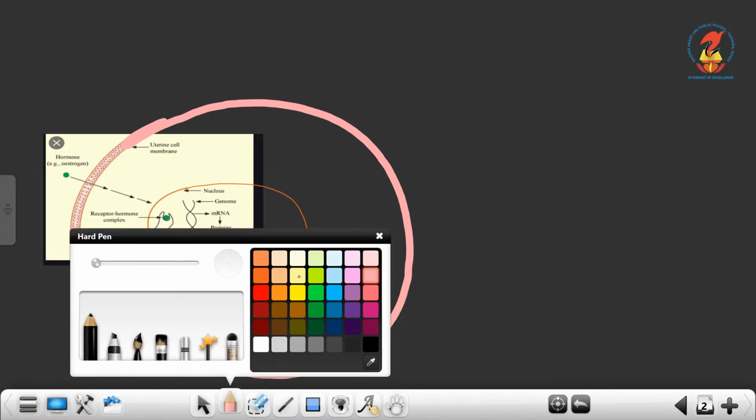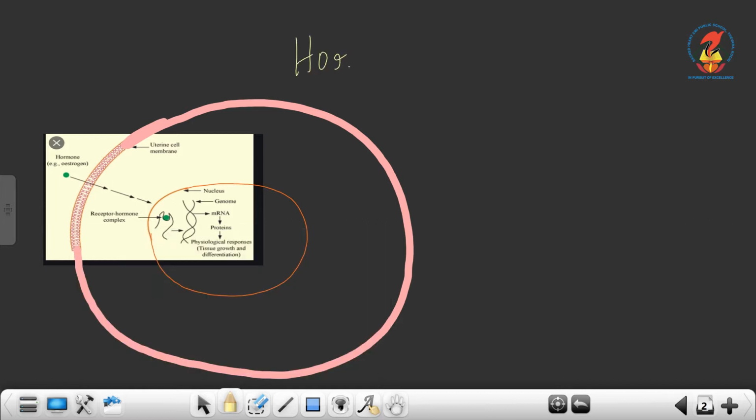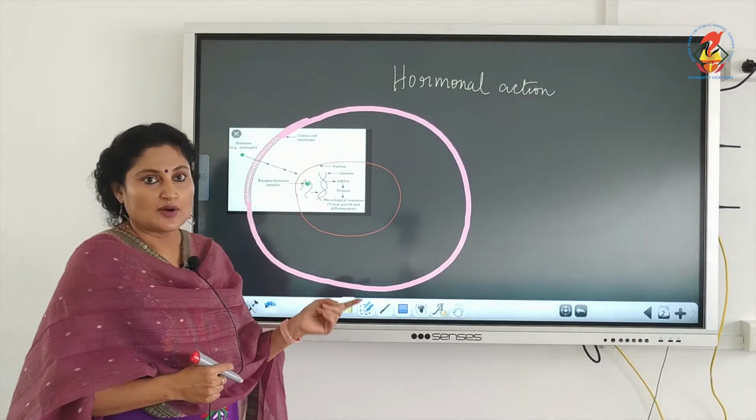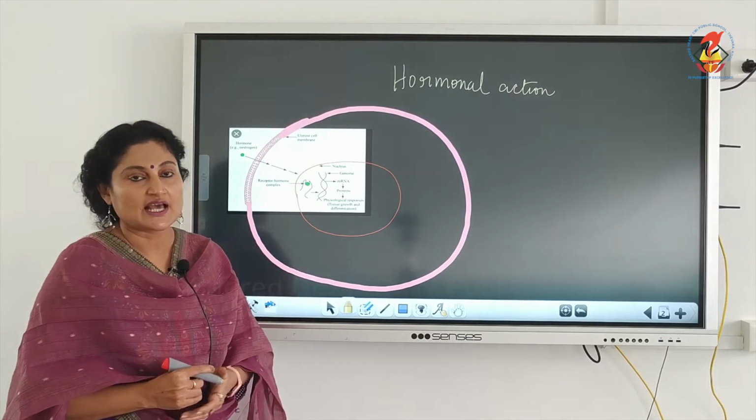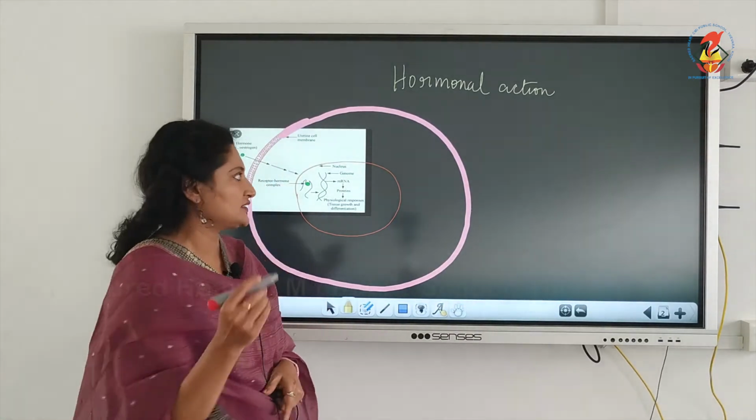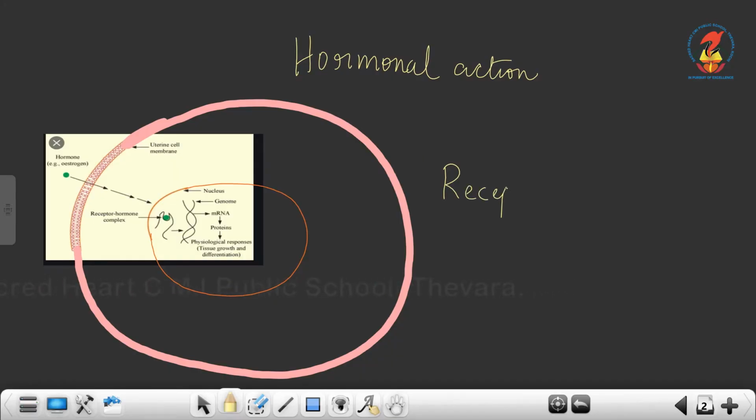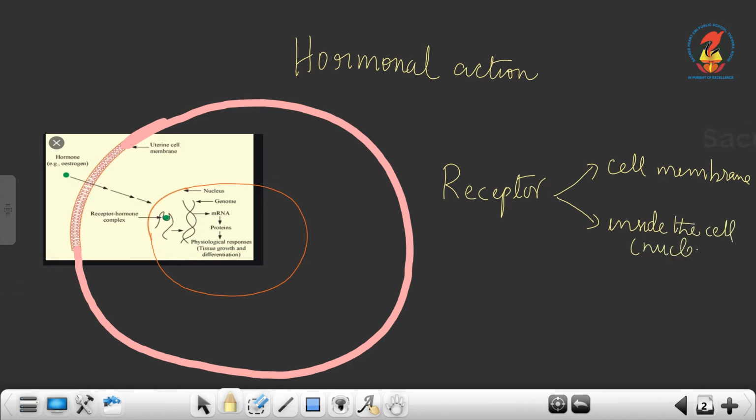So in this topic we are going to deal with hormonal action. Hormones produce their effect on the target cell by binding with specialized proteins, and these specialized proteins are called receptors. These receptors are located either on the membrane, that is the cell membrane, or inside the cell, specifically inside the nucleus.